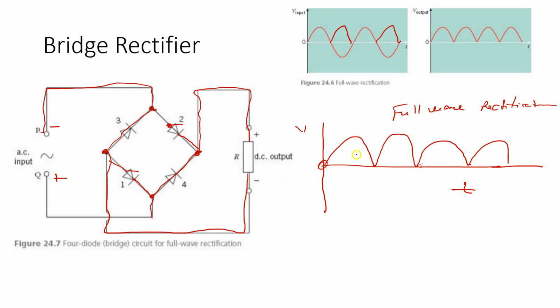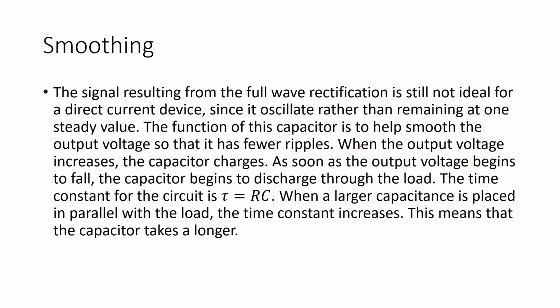So we would have to get this full wave rectification and then do something else to make it easier. Now, what we're going to do is talk about a process we call smoothing. Smoothing is the process where we take that full wave rectification signal and make it more steady.